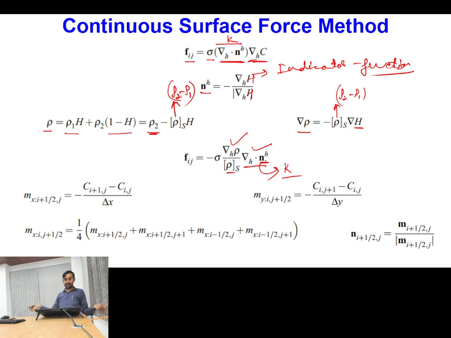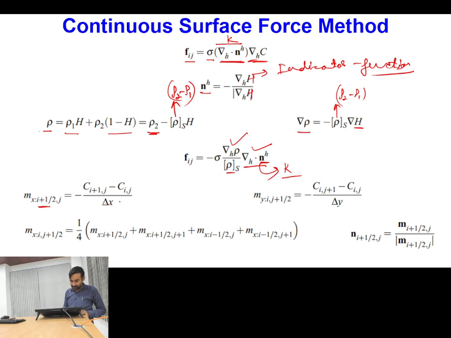I need to calculate normal vector. So how I can calculate normal vector? For calculating normal vector, I need to calculate this slope m, which we have done previously also. Okay. So this slope first I will be calculating at corner, right top corner. Okay.